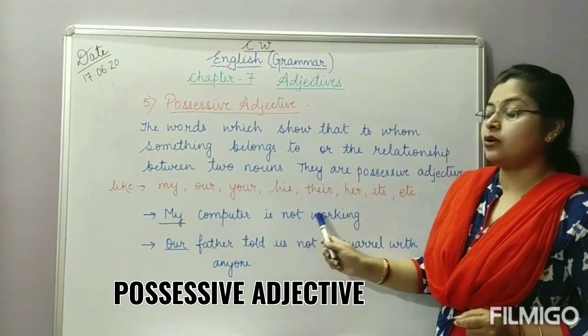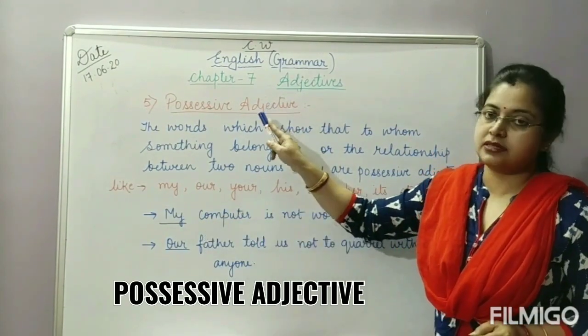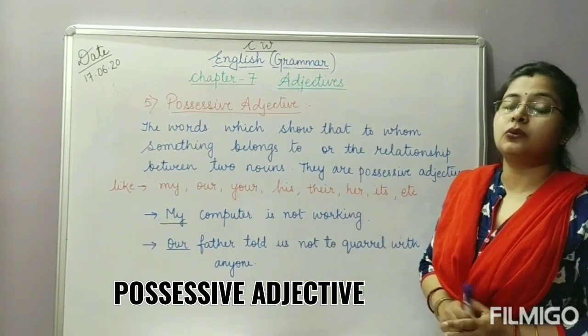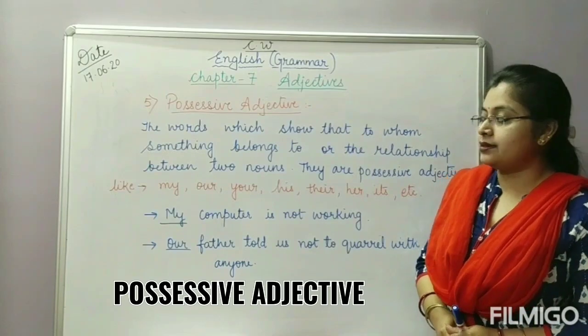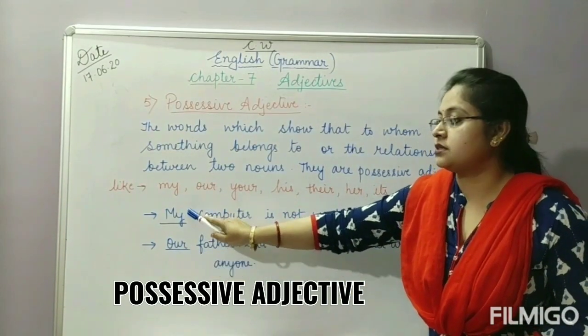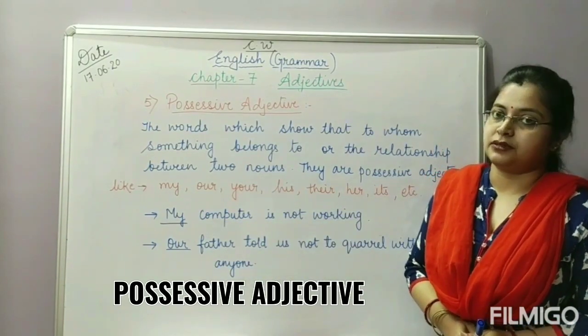My computer is not working. My is possessive adjective. Our father told us not to quarrel with anyone. What is the possessive adjective here? Yes, our. So these two words, my and our, are possessive adjectives.